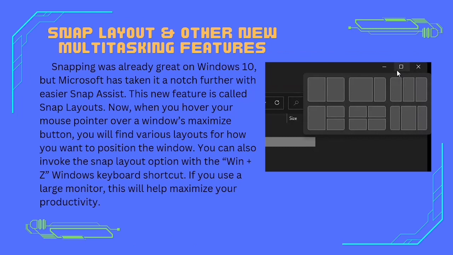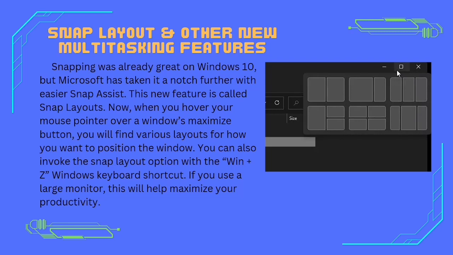So, next is snap layout and other new multitasking features. Snapping was already great on Windows 10, but Microsoft has taken it a notch farther with easier snap assist. This feature is called snap layouts.